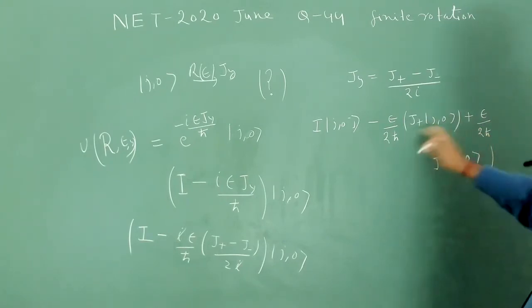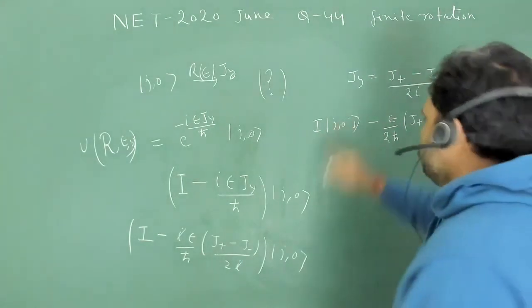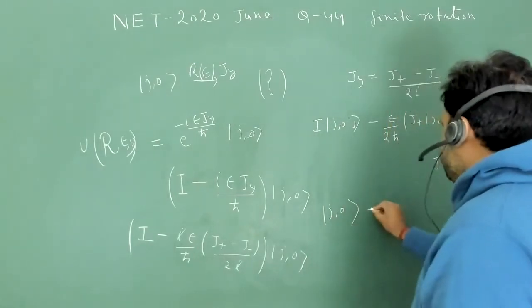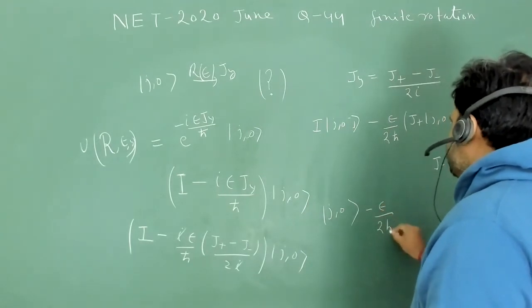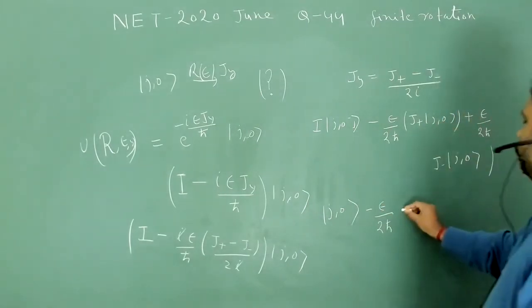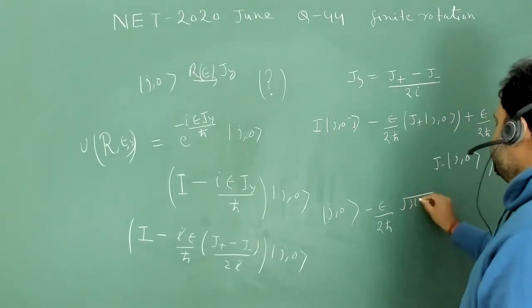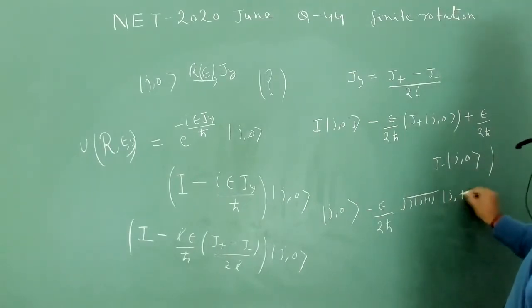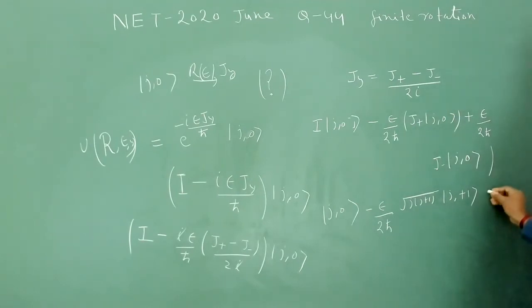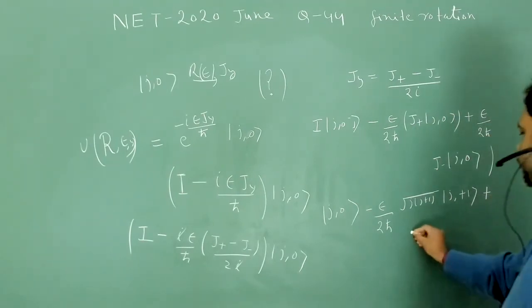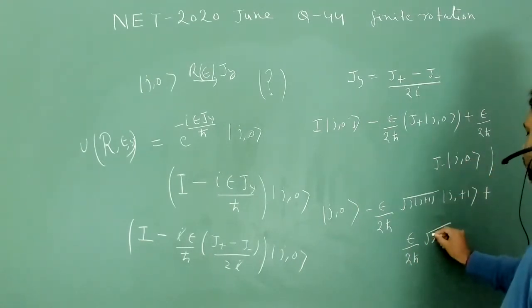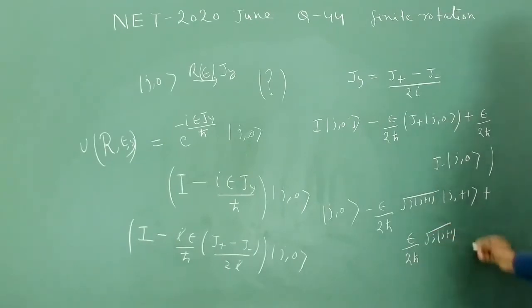And now we can find the final answer. The identity operating on |j0⟩ gives |j0⟩, minus epsilon by 2 h cut times root of j into j plus 1, operating to give |j, 1⟩, and the next term is plus epsilon upon 2 h cut, again J minus operating, with the same coefficient, giving |j, minus 1⟩.